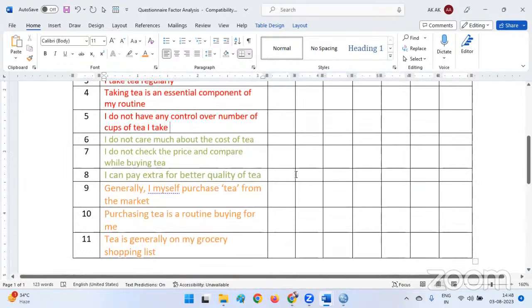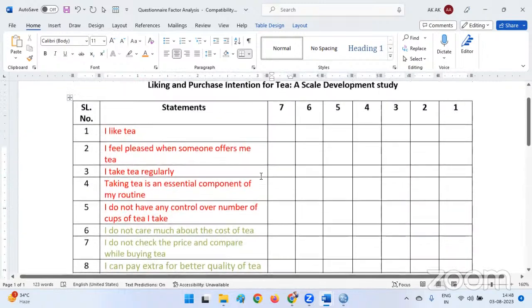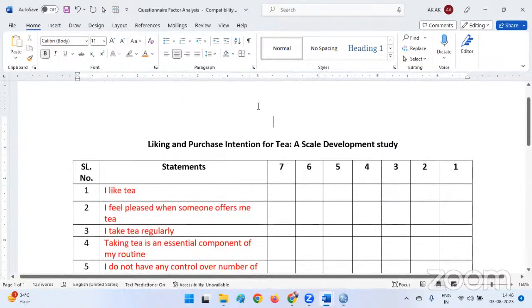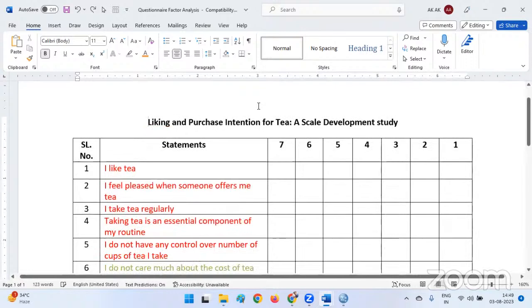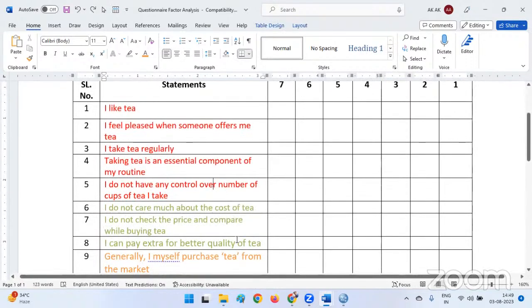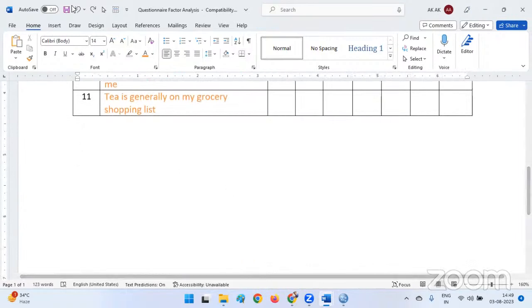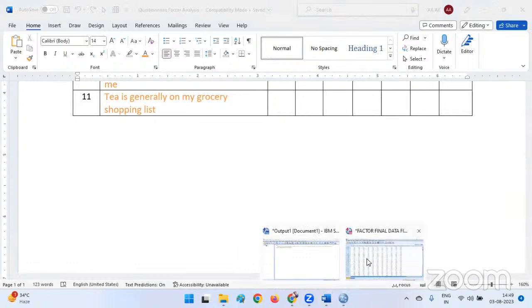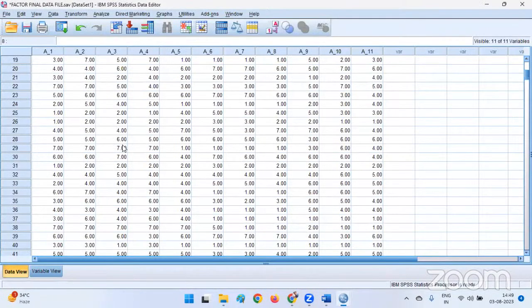This is the kind of segregation, classification, and grouping of data that factor analysis can do. This is my guess. Whatever I have done, I will apply the statistical tool, which is factor analysis, and then we will discuss further. So let's go to the data.